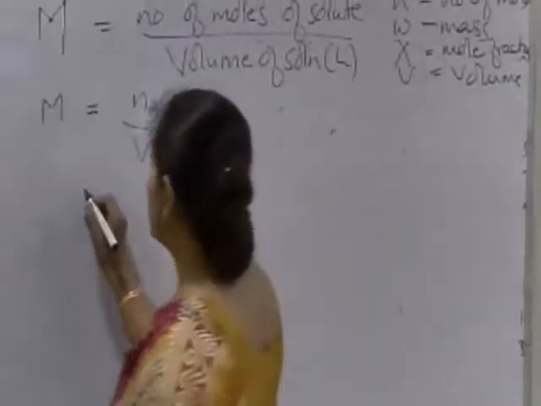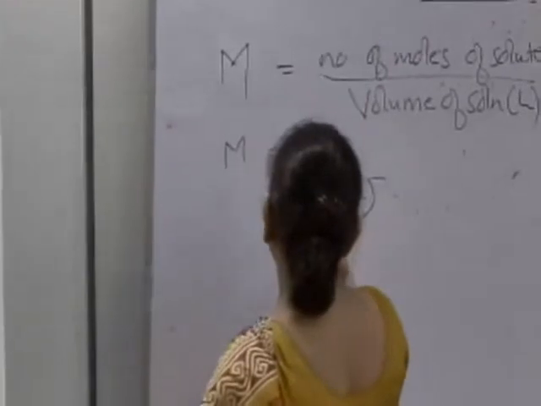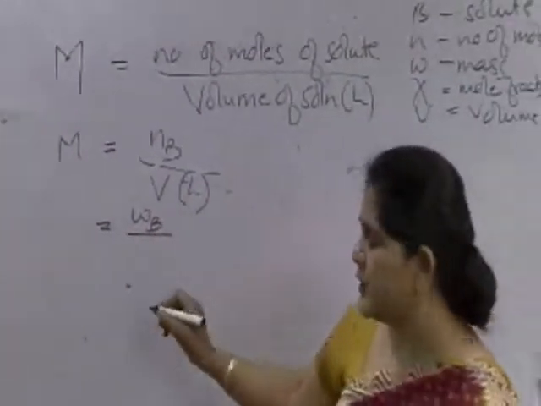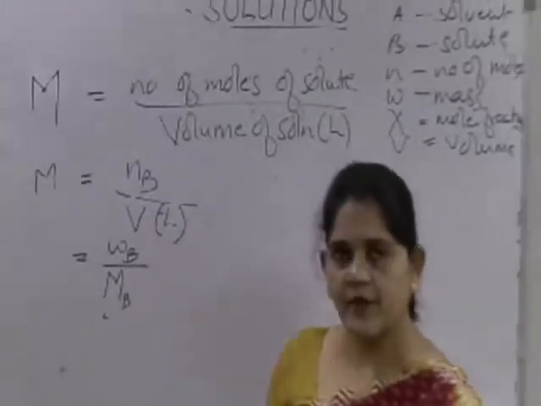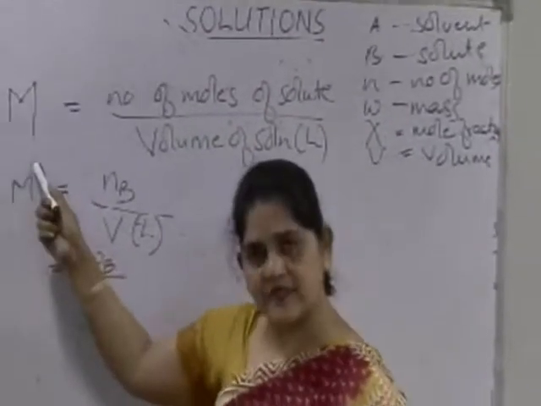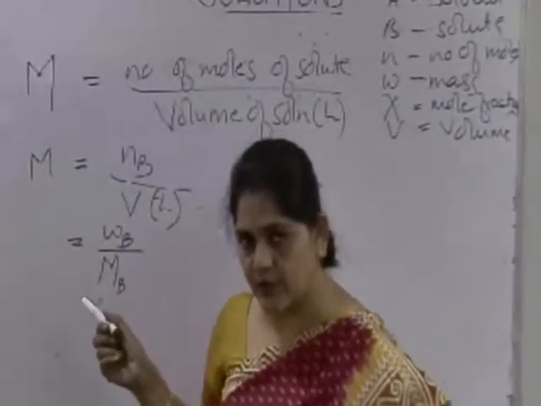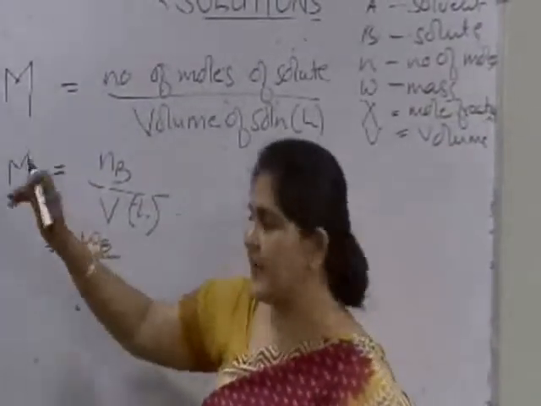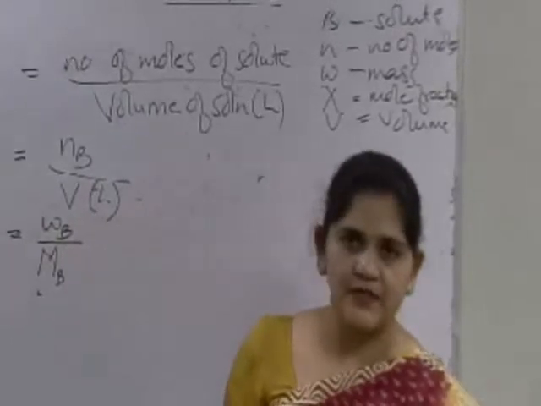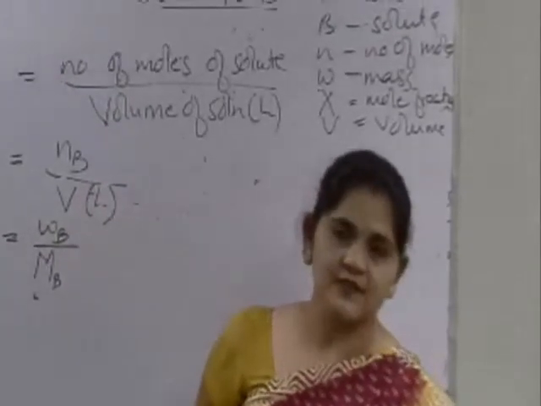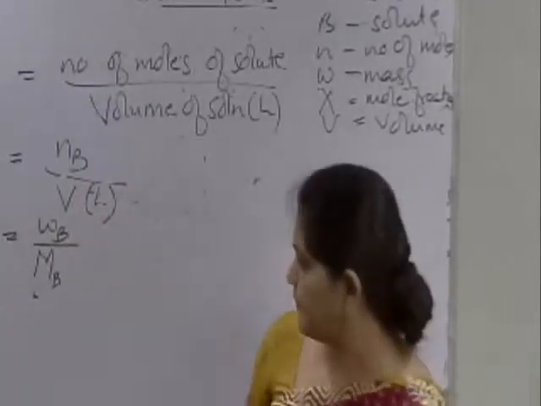Now the number of moles can also be written as the given mass of the solute divided by your molar mass. See, if capital M is subscripted with something, that means you're talking about the molar mass. When I'm writing only M, that means I am talking about the method of expressing concentration, that is molarity.